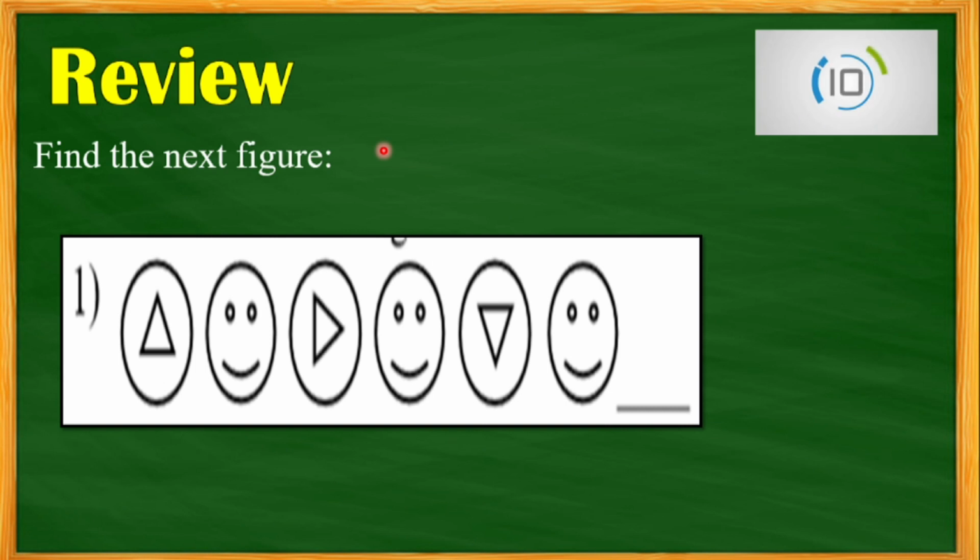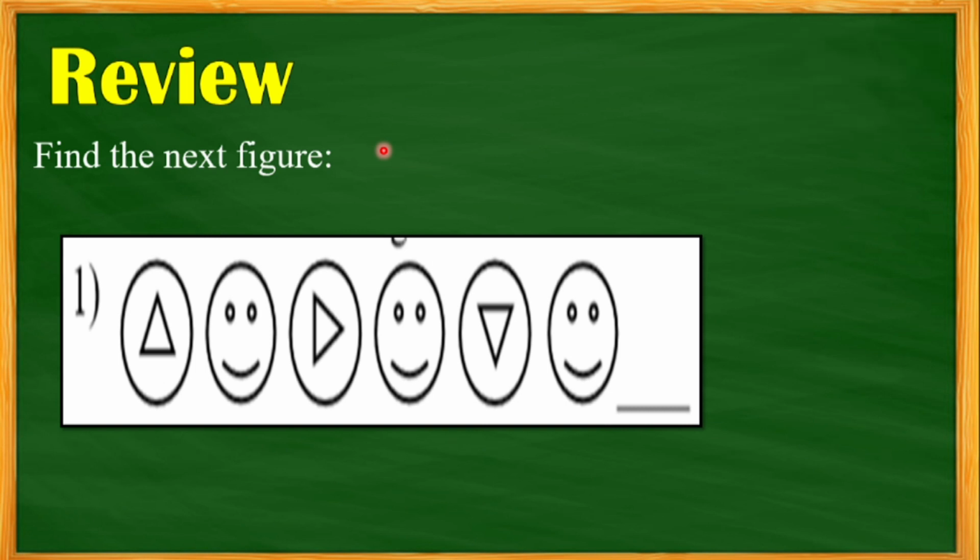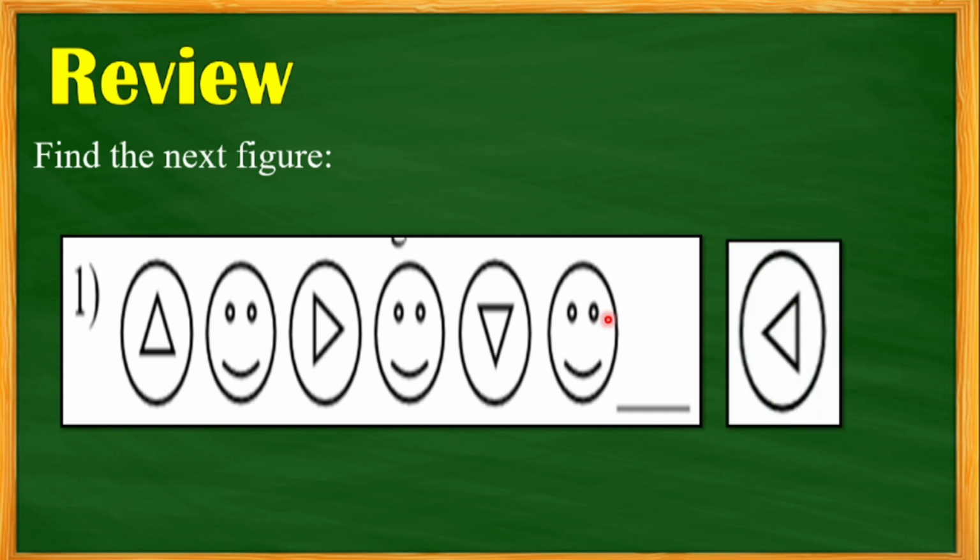The correct answer, Grade 4 pupils, for this one is the arrow going to the left. This would be the correct answer because arrow up, smile, arrow right, smile, arrow down, smile, and arrow left.